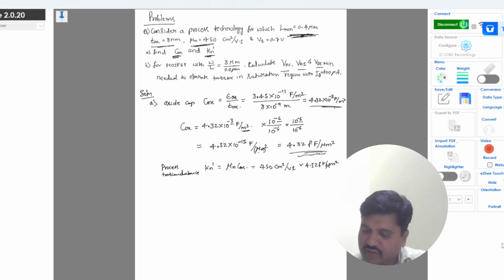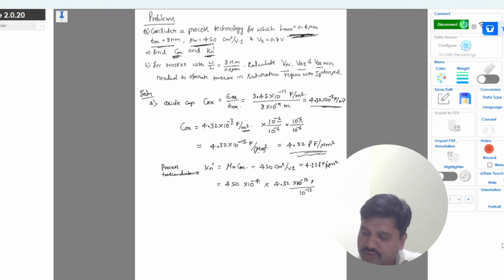Now to convert it to the micrometer square common dimension, mu n COX is 450 centimeter, that means into 10 power minus 2 meter, square means 10 power minus 4, multiplied by 4.32 into 10 power minus 15 farad per micrometer square, that is 10 power minus 12.